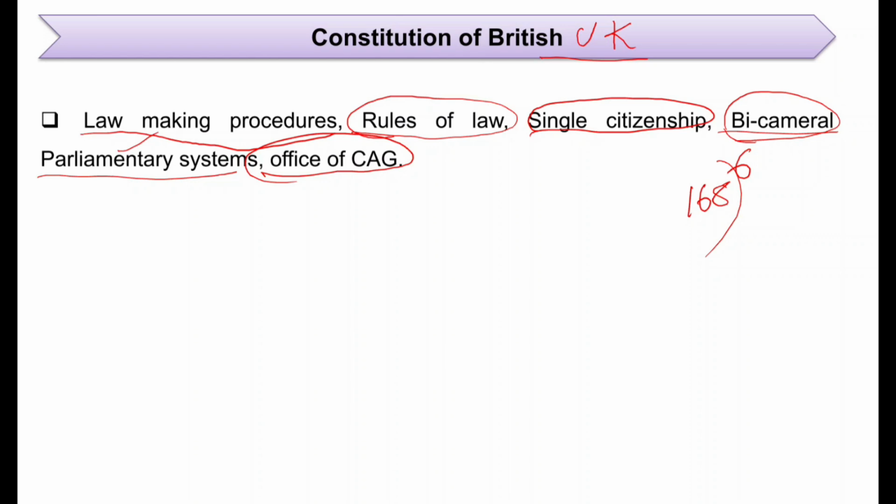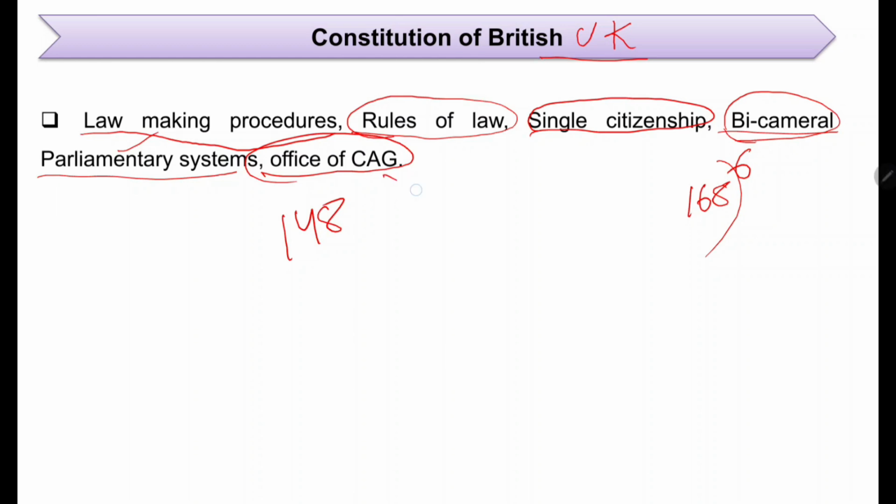This Comptroller and Auditor General of India is said to be the king of audit of India, and this is the supreme audit institution of India, established under Article 148 of the Constitution of India. And who is the present Comptroller and Auditor General of India? It is Girish Chandra Murmu. Girish Chandra Murmu is the present Comptroller and Auditor General of India, that is CAG.